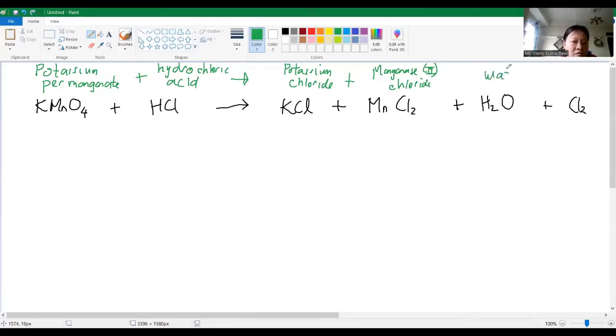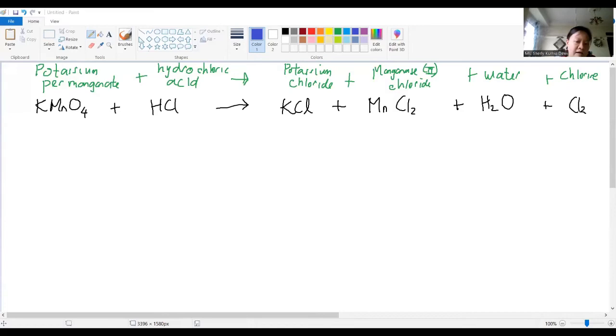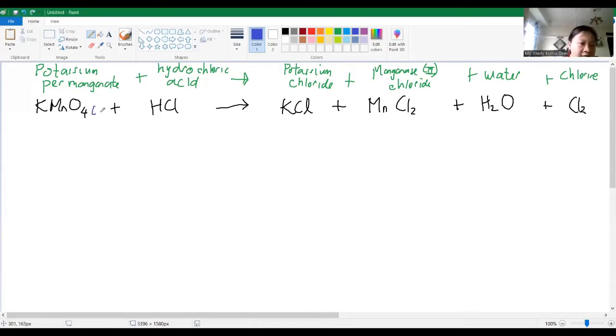Water, and chlorine gas. I will also write here, aqueous. This one is also aqueous, liquid, and gas.